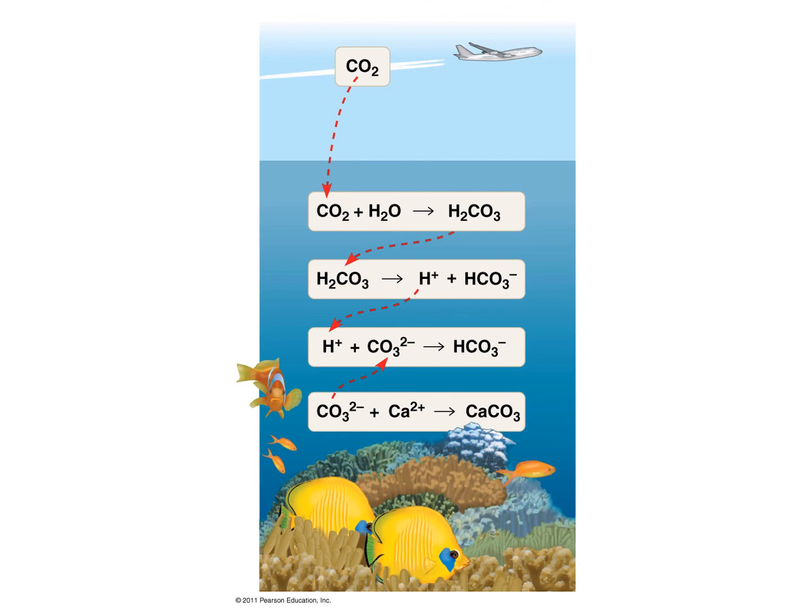When there is acidification of oceans, the increase in hydrogen ions ties up the carbonate ions and makes them unavailable for organisms like shellfish and corals to combine those carbonate ions with calcium to create calcium carbonate.